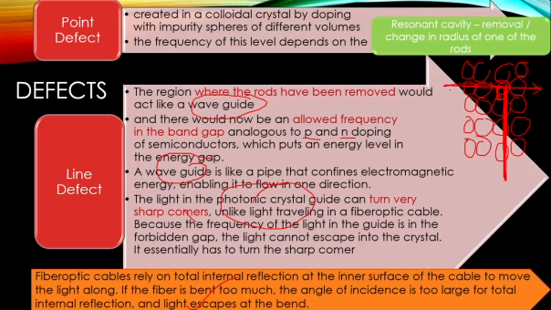Because the line defect is introduced in the energy band gap, so only along the waveguide will the light be able to propagate. It cannot move out of the waveguide, because moving out means entering a forbidden energy gap region, which doesn't allow any light to propagate. That is how the light is confined within the waveguide, due to the line defect.